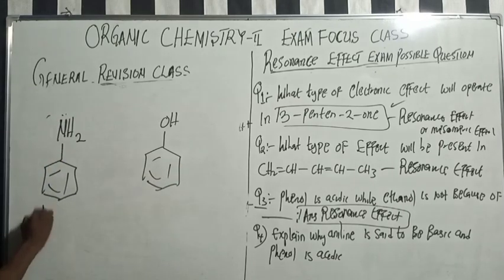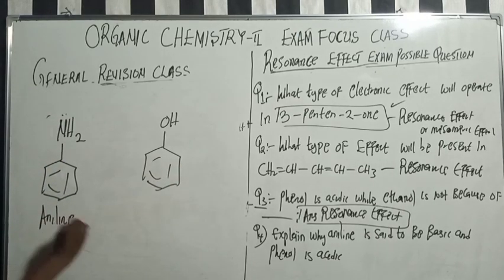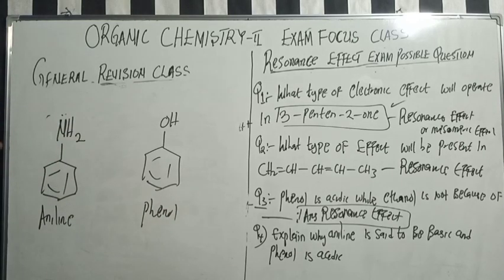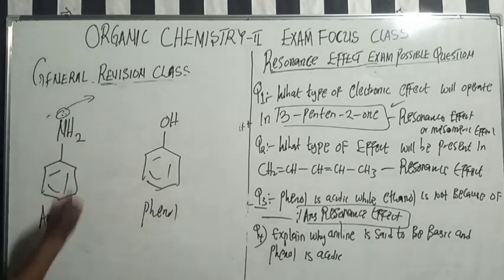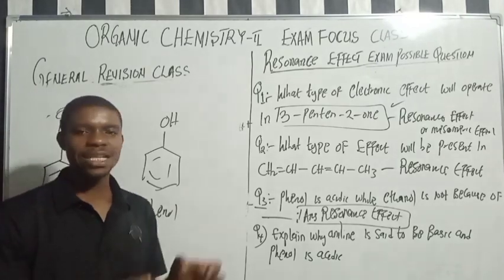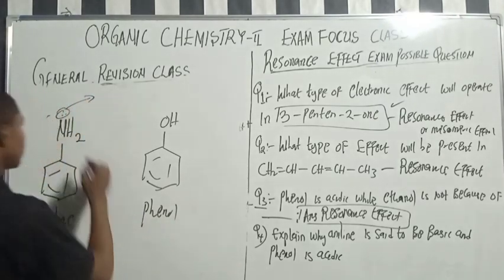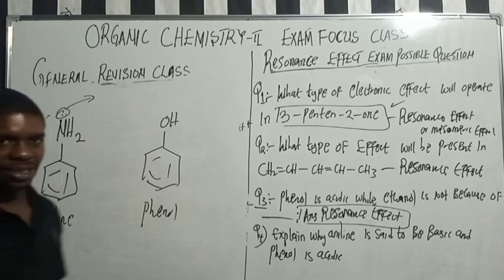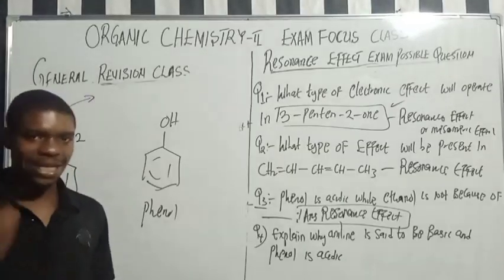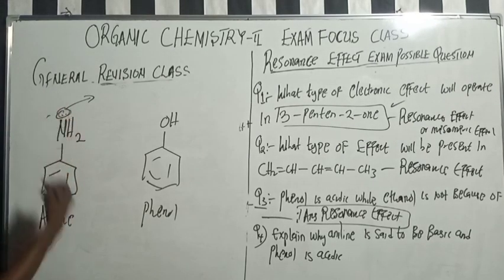This is called aniline. And this is called phenol. Now, the main reason why aniline is a base is because it has a lone pair to donate. So any group or compound that has a lone pair to donate is a base. Do you get that? So what makes a base a base? It is the ability to give out electrons, and there's a lone pair of electrons here.